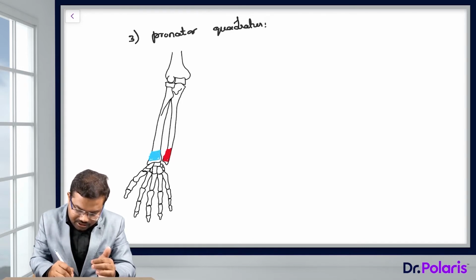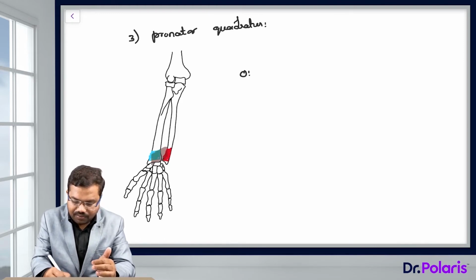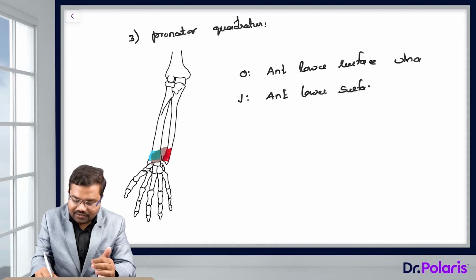So this is the extension of the pronator quadratus in a quadrilateral shape. The anterior lower surface of the ulna is the origin, and the insertion is the anterior lower surface of the radius.